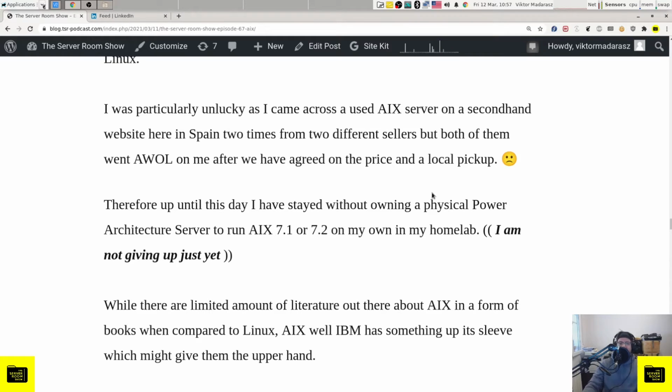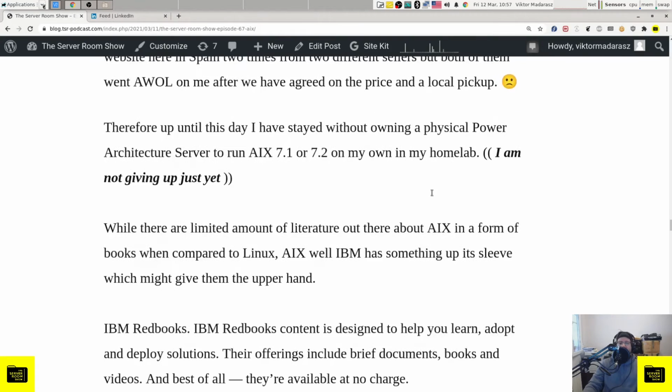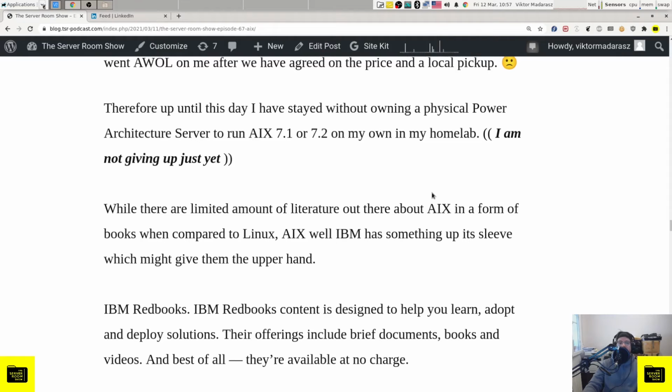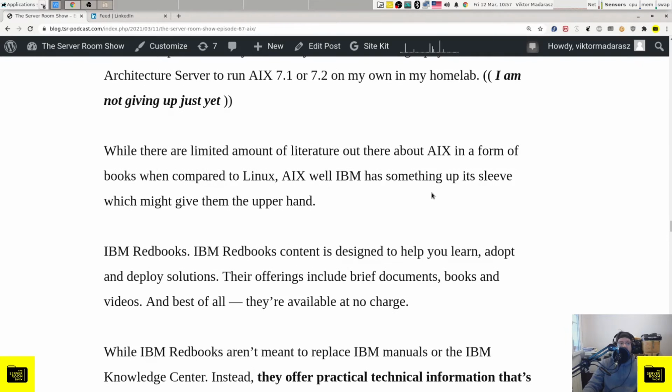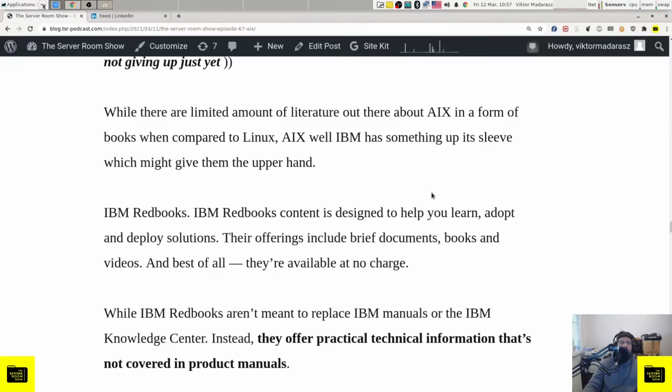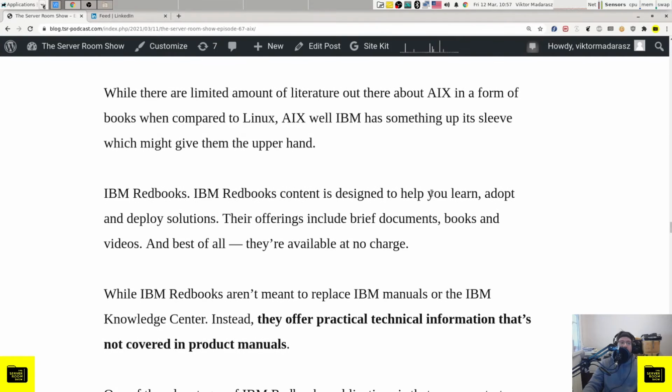So up until this day, I was unable to acquire a physical IBM Power server for myself to run AIX in my home lab, in my 42U rack, which you all know I have and adore. Therefore, up until this day I have stayed without owning a physical Power architecture server. I am not giving up just yet, but let's see what happens.